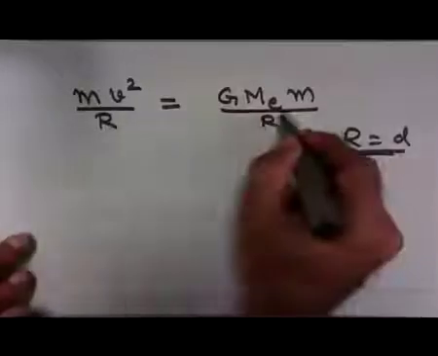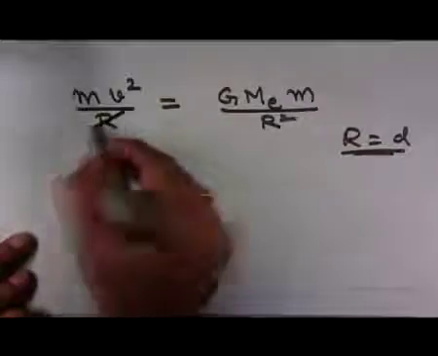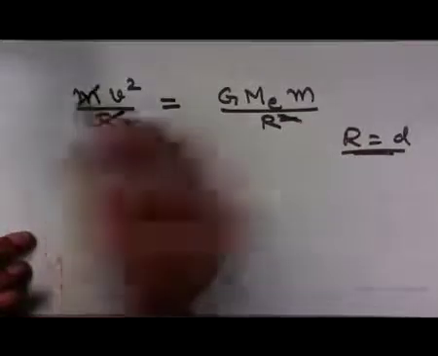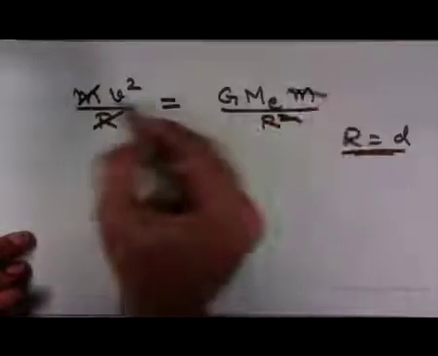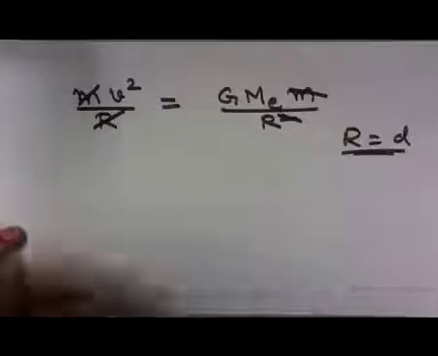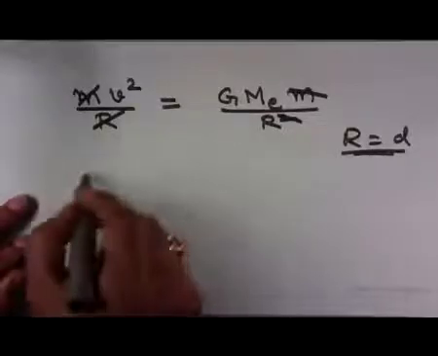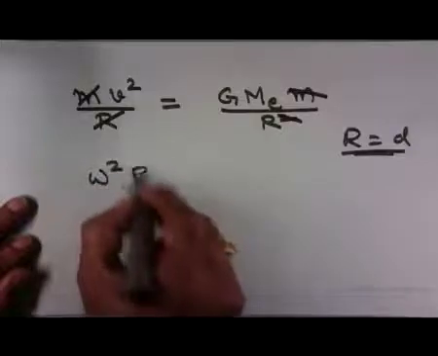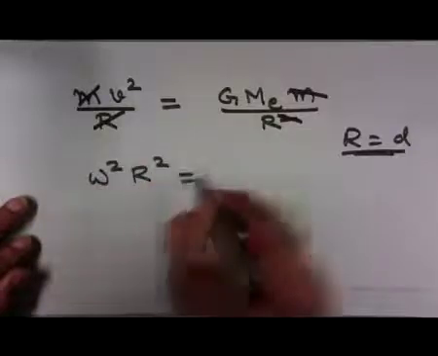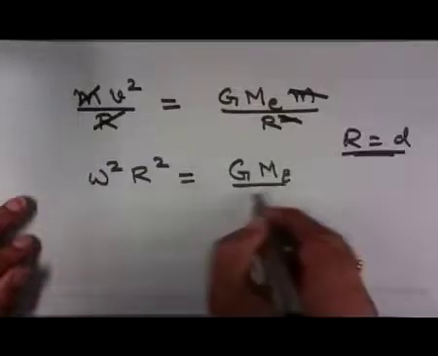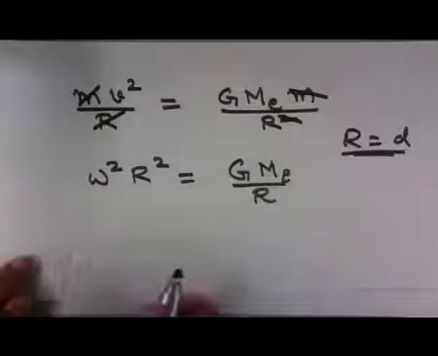So I cancel m and I cancel one r. And now I will write v equal to omega r. In fact, that is what we were doing earlier also. Therefore, what am I going to get? I am going to get omega squared r squared is equal to G Me by r.